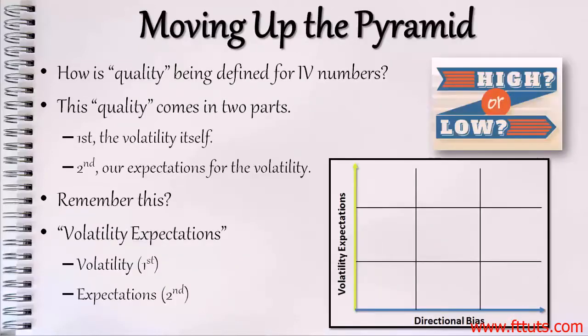With the base covered of liquidity, we can now move up, and that next key thing is going to be implied volatility numbers. But how exactly are we defining quality? What is a quality IV number? You know what a quality test score is. You know what a quality batting average is.